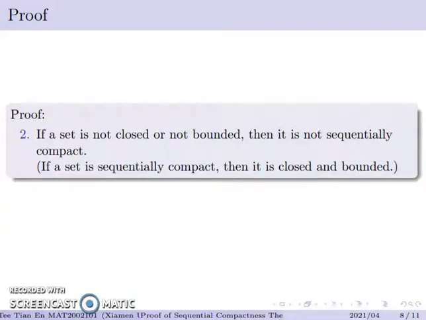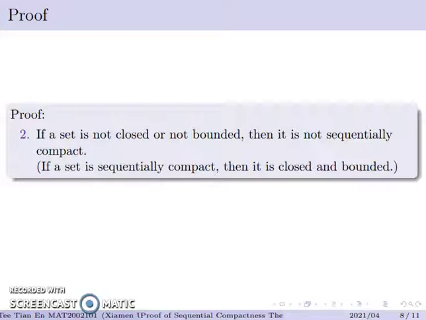Now let's move on to the other direction, which is if a set is not closed or not bounded, then it is not sequentially compact. And this is the contrapositive of the theorem which says that if a set is sequentially compact, then it is closed and bounded.